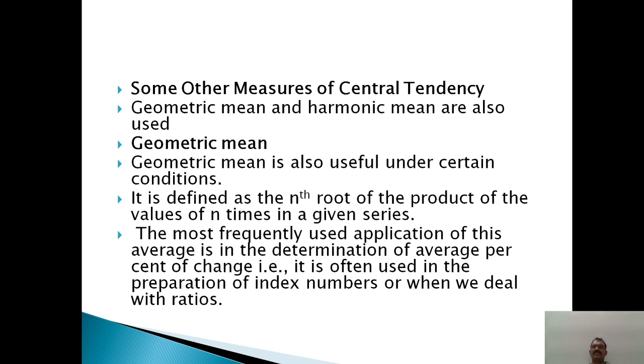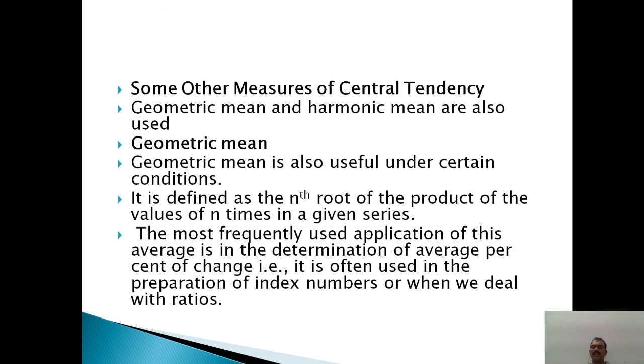Some other measures of central tendency: geometric mean and harmonic mean. First one, geometric mean. Geometric mean is also useful under certain conditions. It is defined as the nth root of the product of the values of n items in a given series.